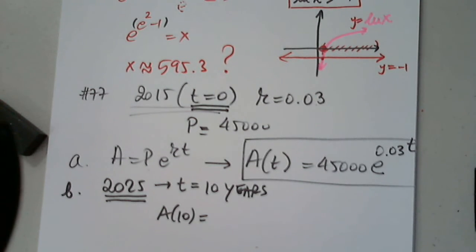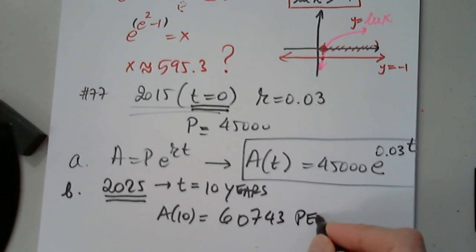of course, even if this is 6.4, I can't really consider 60,744 because I can't have 0.6 of a person. So when it comes to people, I would not round it up. I'm going to put both answers. For me, this is the correct answer: 60,743 people.